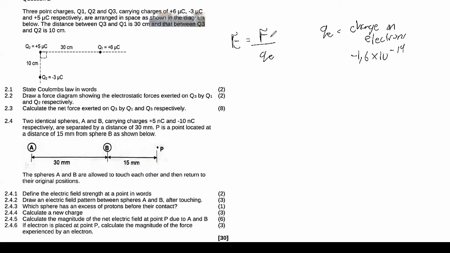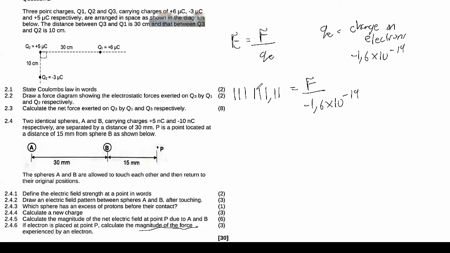Right. So we are to calculate the force. Remember, if electron is placed at point P, calculate the magnitude of the force. Now, our electric field is the one that we calculated, 111,111.11 is equals to F. Then here we should substitute this one here, which is a negative 1.6 times 10 to the exponent of negative 19. Right.